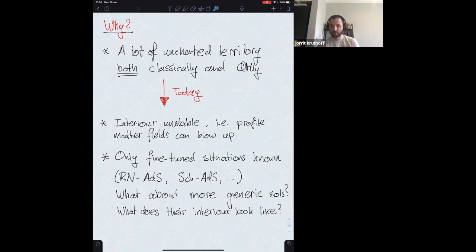In that case, what does the interior look like? What I would like to focus on today is studying those interiors. This will mostly be a classical discussion: just solve some equations of motion and study the various regimes present in the black hole interior.